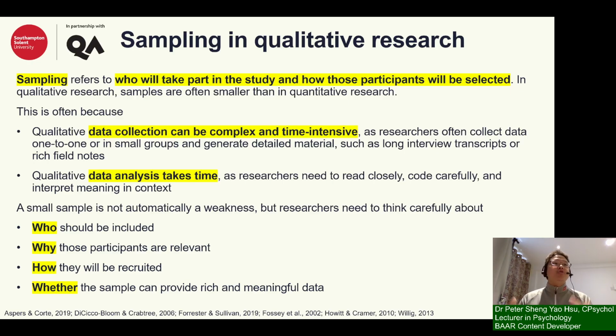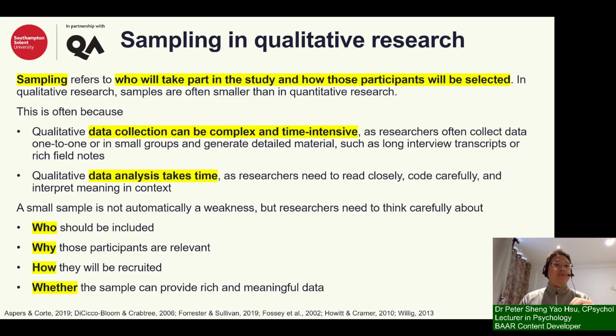The sample should be justified, not chosen randomly without explanation. They need to consider how participants will be recruited. For example, recruitment might happen through university announcements, email invitations, online learning platforms, student support services, or social media. Each method may shape who is likely to take part.